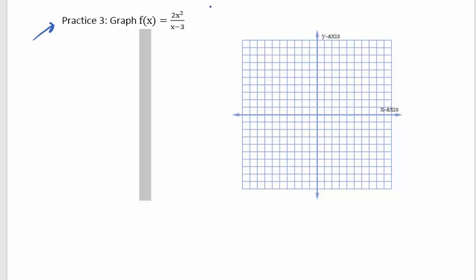Okay, as discussed, let's start with the vertical. That's easy. And that's just going to be at x equals 3. So I come over here, 1, 2, 3, draw my vertical asymptote in. All right, now let's try to find this slant asymptote. So what we want to do is we want to take the numerator divided by the denominator.